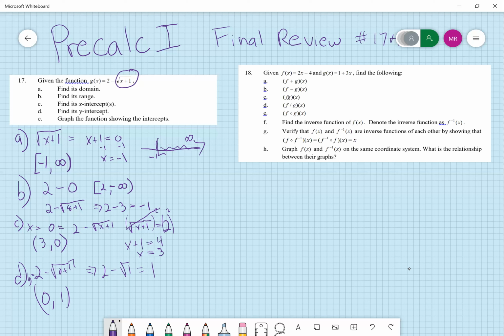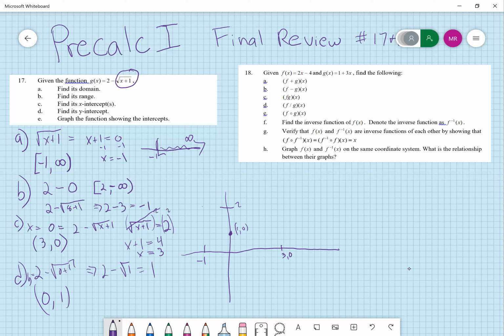So let's put our nifty x and y axis up here, and let's plot what we know. We know that it hits the y-axis at 0, 1. It hits the x-axis at 3, 0. The highest that it can go is at x of negative 1 for our domain and y of 2.